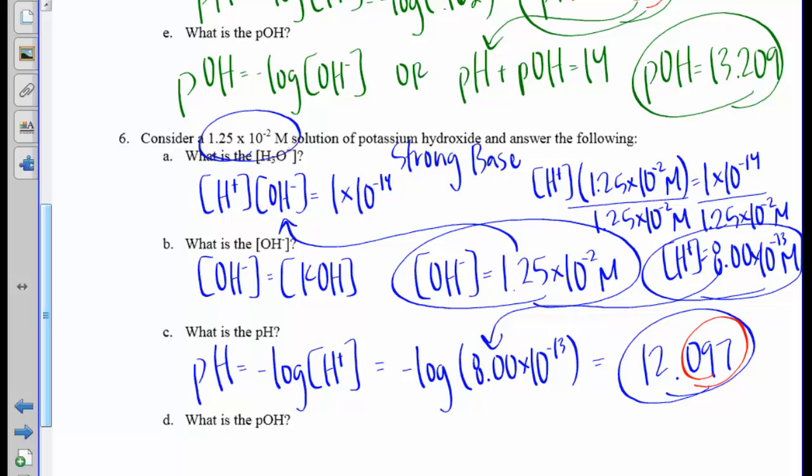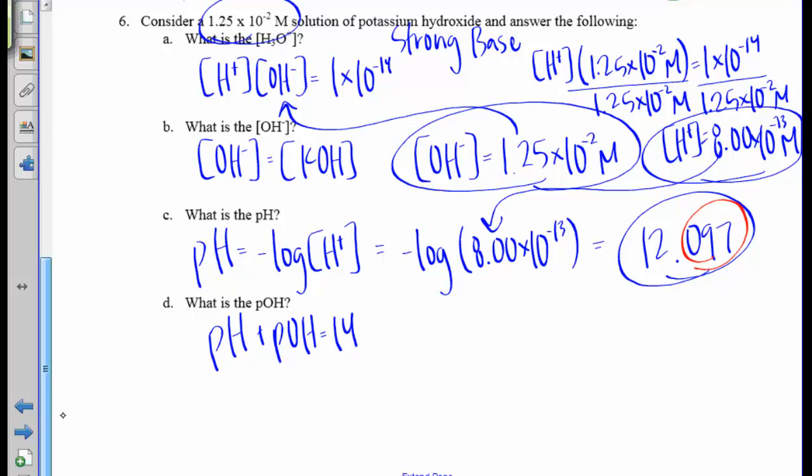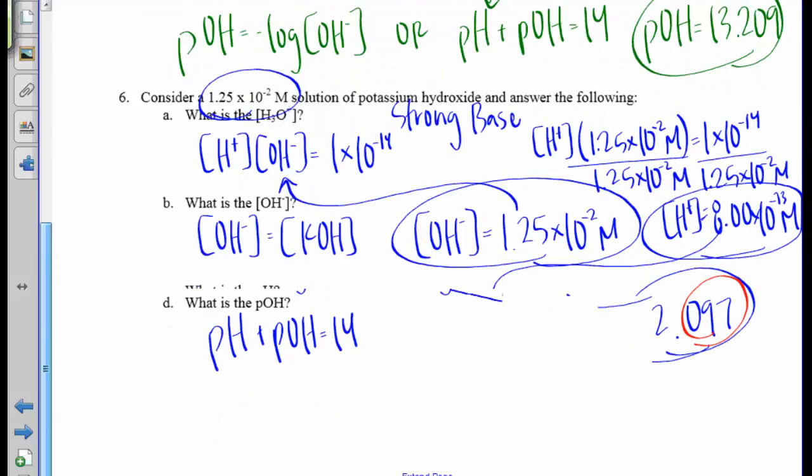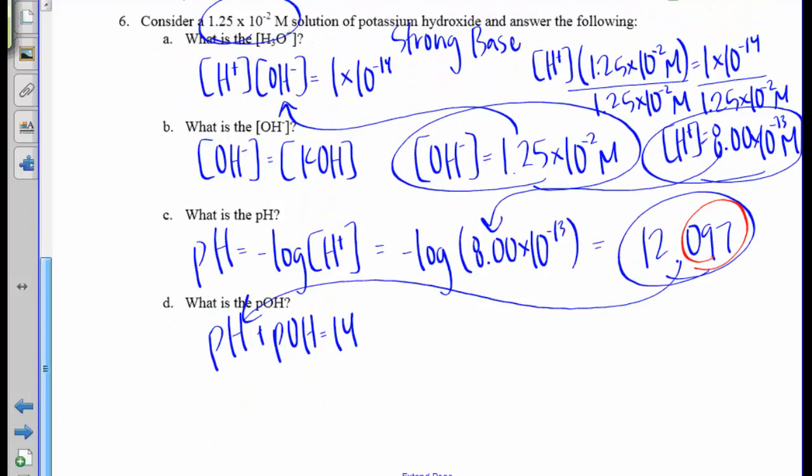Now we could take the negative log of the hydroxide ion concentration to find pOH, but I think it's a lot easier to recognize that pH plus pOH is equal to 14 and to solve for the pOH that way. So plugging this number in here for the pH, I calculate the pOH to be equal to 1.903.